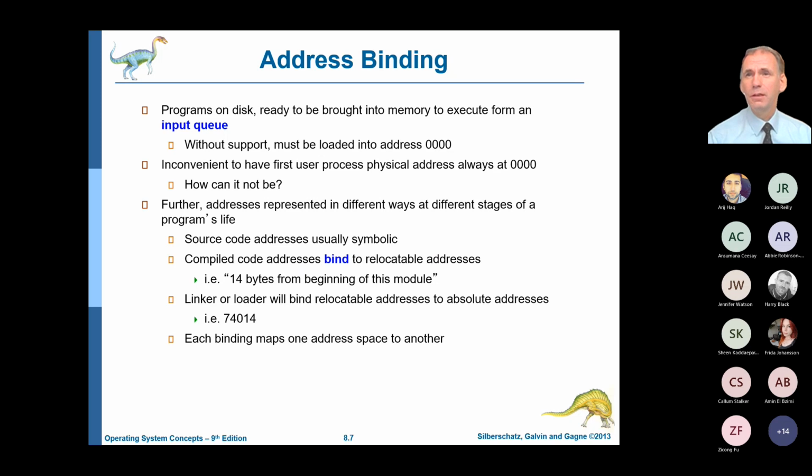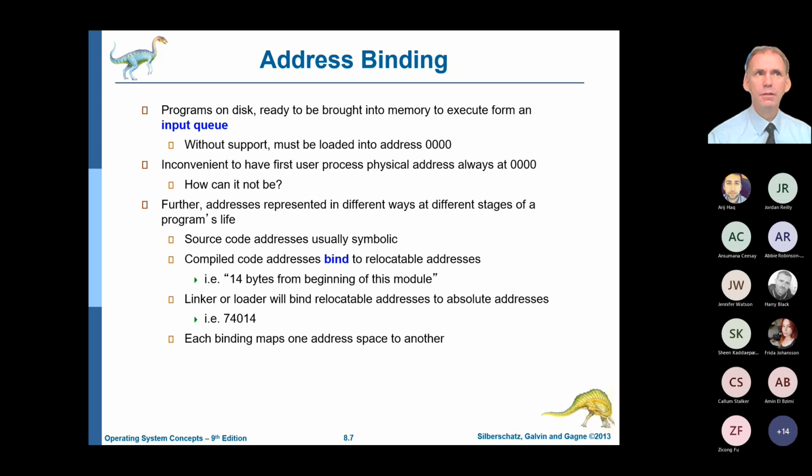What you have to say is go to memory location start of program plus 123. So you have something called a bind. All of these addresses can relocate. They are not fixed. They are from where you start, plus.